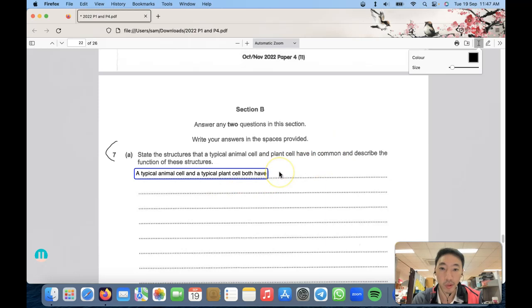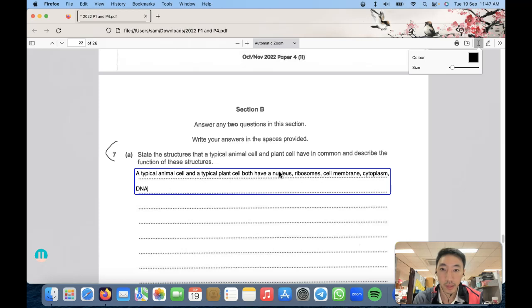Both have a nucleus, ribosomes, cell membrane, cytoplasm, DNA, which is found in the nucleus.